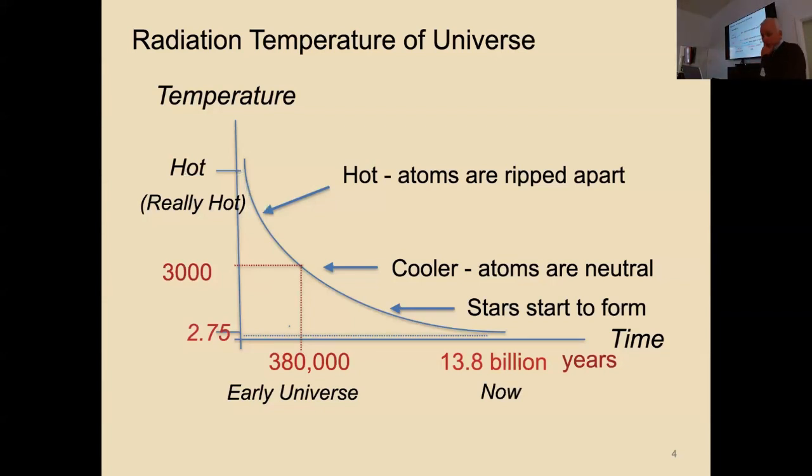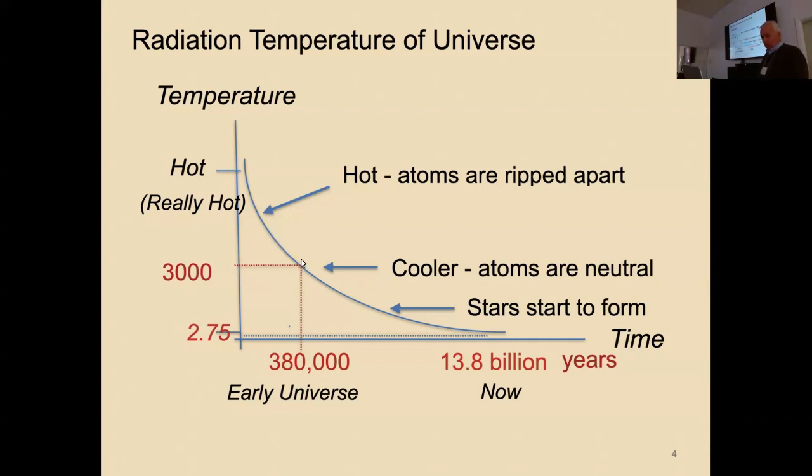Now, the other thing we talked about, I showed this slide also last time, is the radiation temperature of the universe. The universe is full of radiation, but as the universe expands, that radiation, like a gas, cools. Expanding gas cools. And so early on, things were really, really hot, like millions, billions of degrees. But they cooled as the universe expanded.